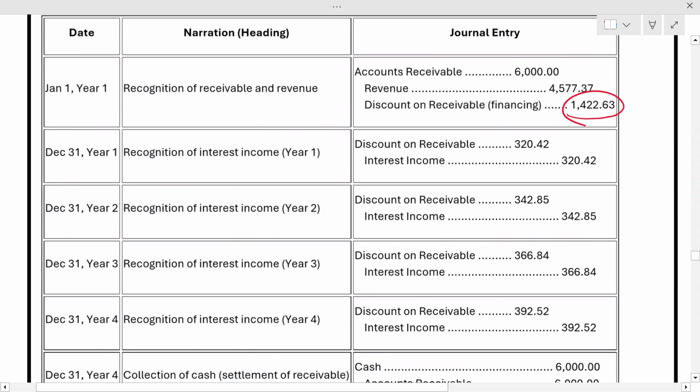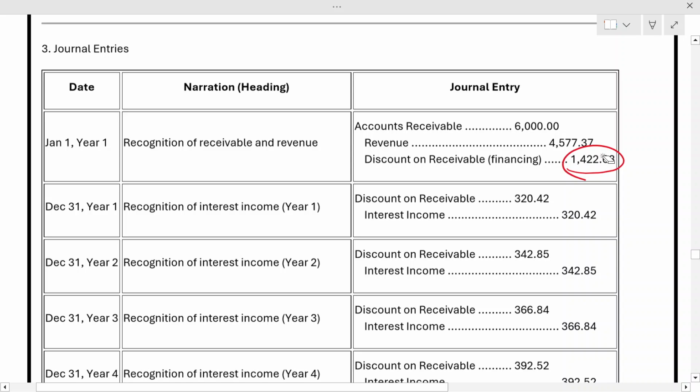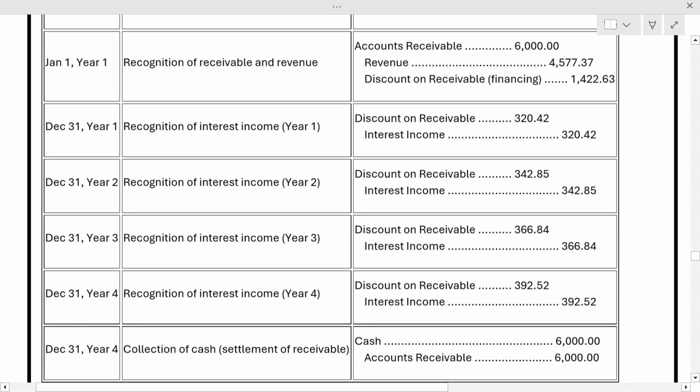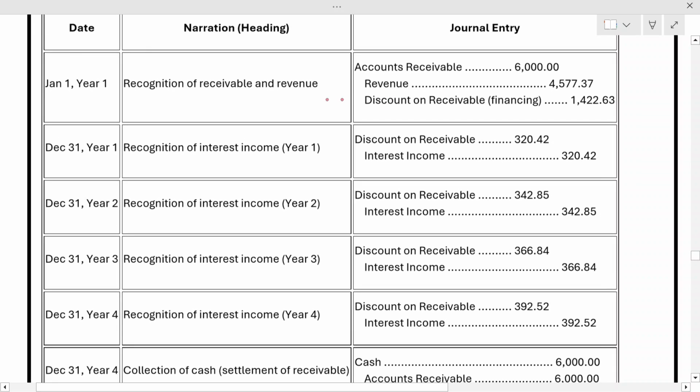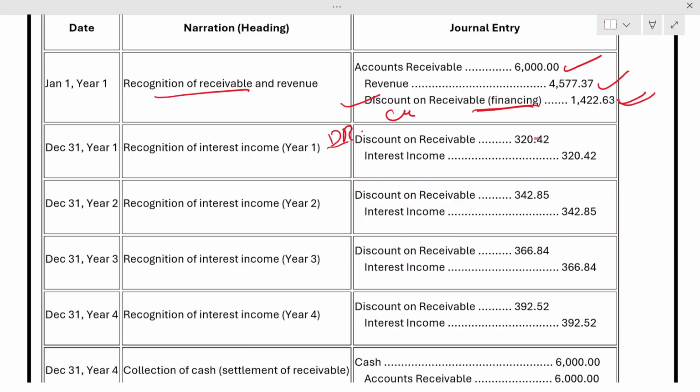Now I have created the same thing in accounting entries for you as well. So let's have a quick view and then conclude. At inception, when the debtors are created, you say accounts receivable 6,000, your revenue is your present value, and the remaining is your financing liability. Out of that financing liability, every year, which is credit right now, will get a debit because we need to reduce it, and interest income because we need to increase it.